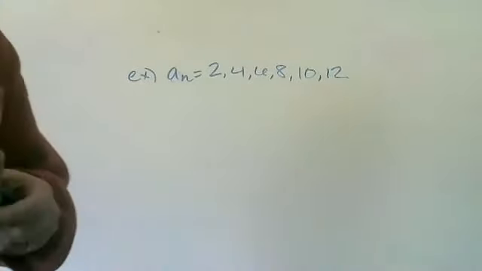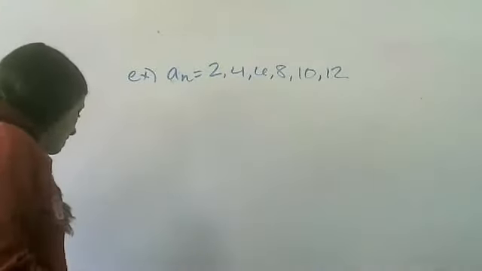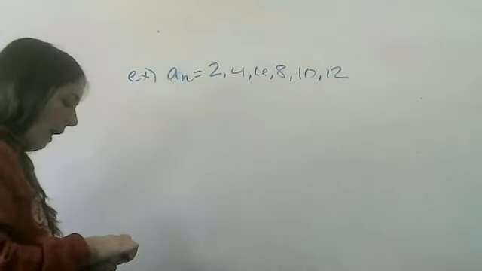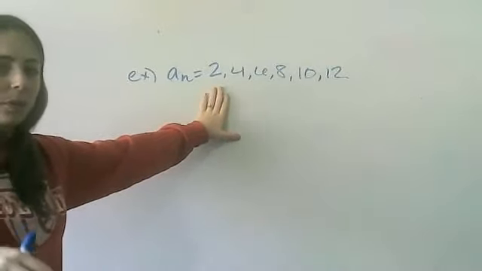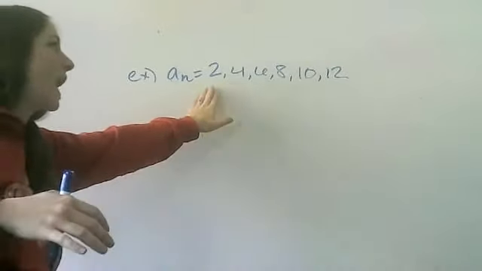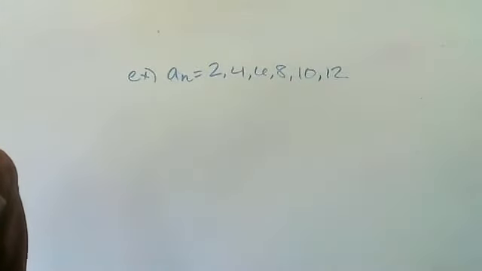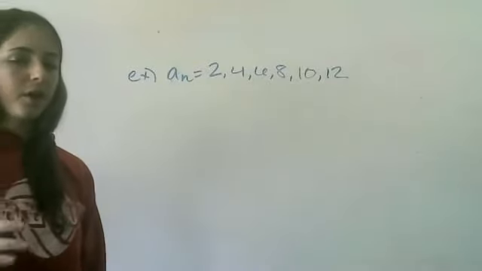It ends at 12, so it is a finite sequence. Okay, just some terminology there. Second thing that I want to pick up on is I don't start at 1, so there's likely going to be some addition and multiplication here. But also, I'm not increasing very rapidly. I'm going up by 2 every time.